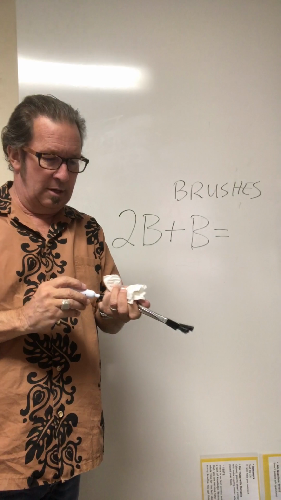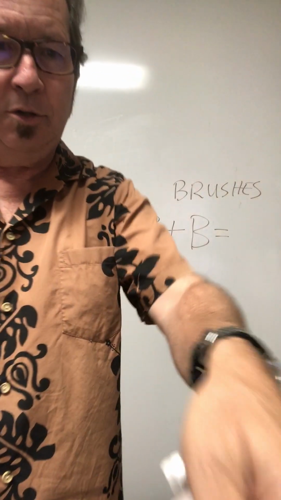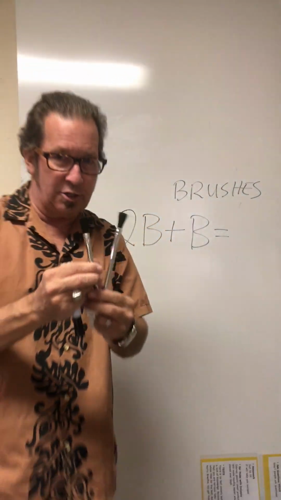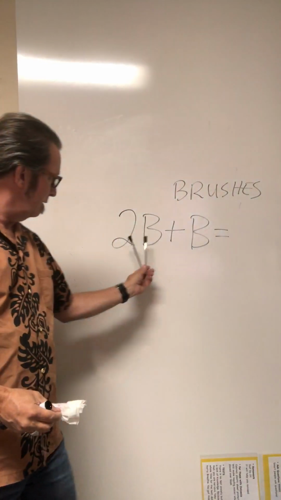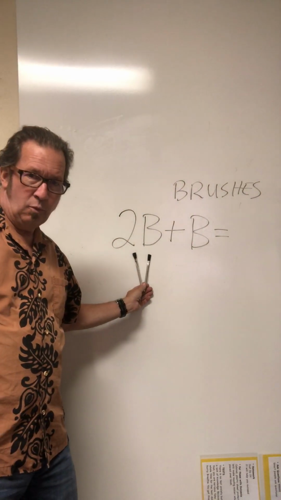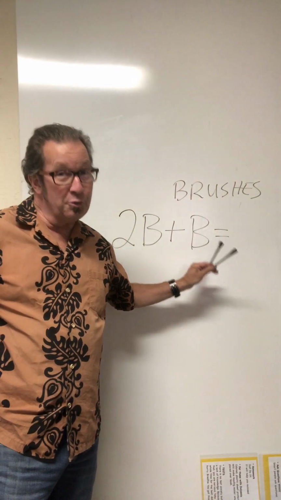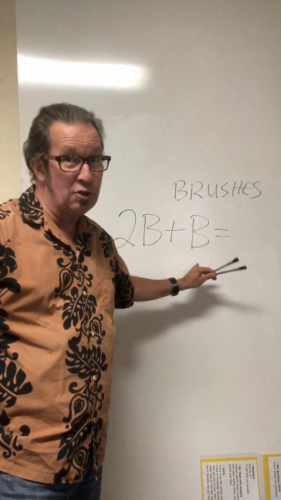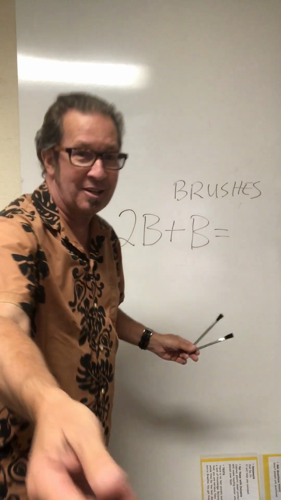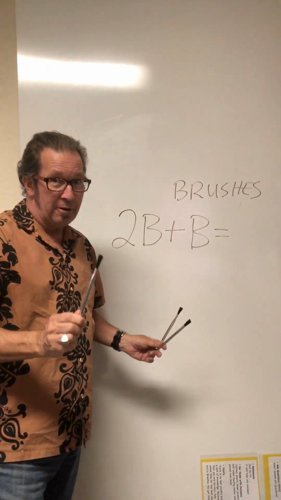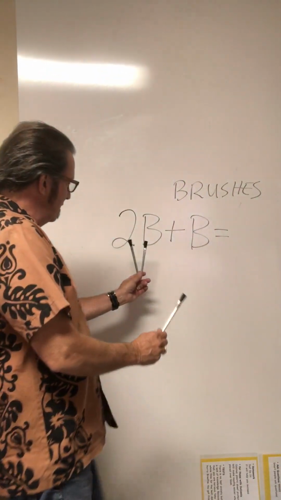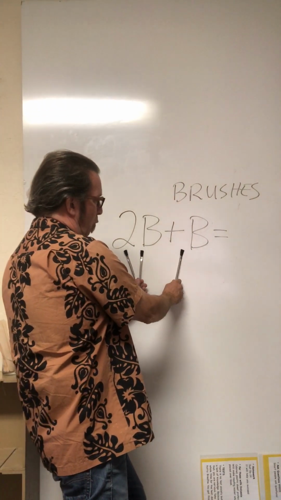well, it says I have 2 brushes, right? That's the 2. What number is in front of the B? Did you remember? I told you there's a number in front of the letter, right? If there's no number, is there really a number there? Yes. So if you remember, that's 1. So I'm saying it's 2 brushes plus 1 brush.